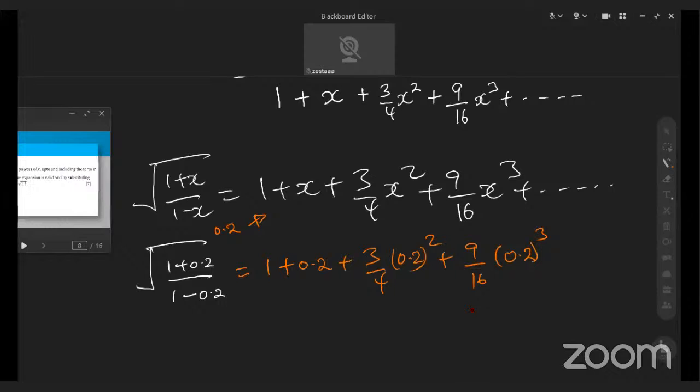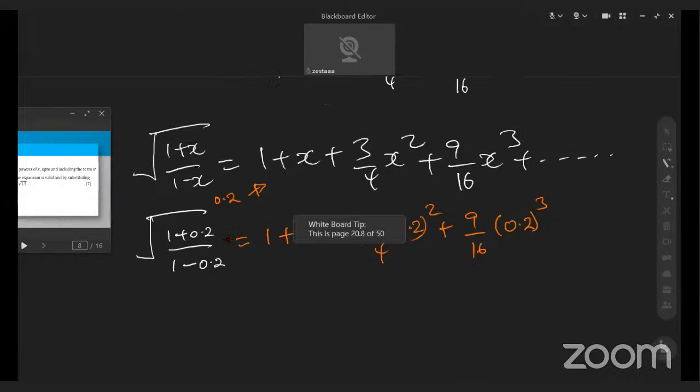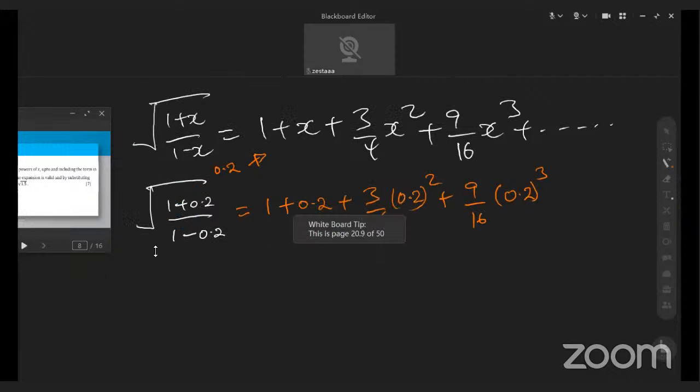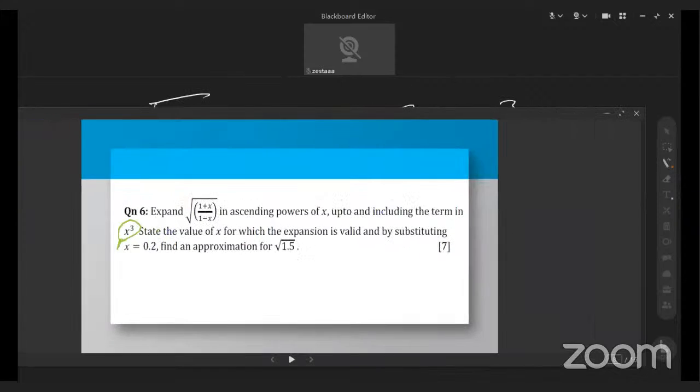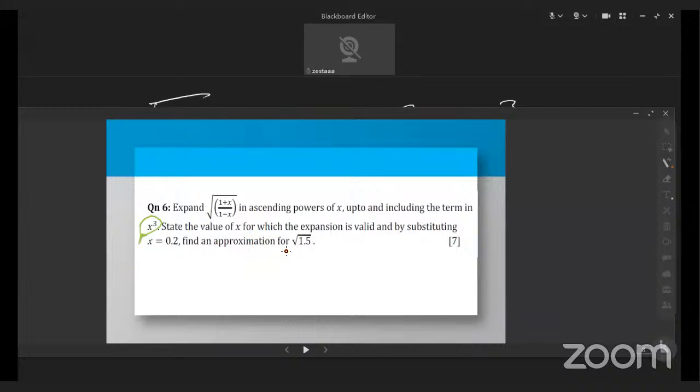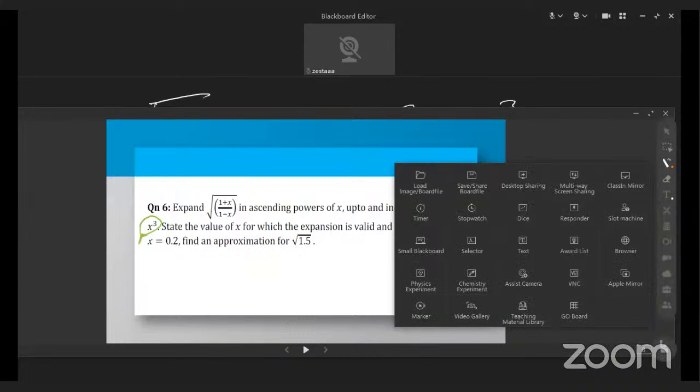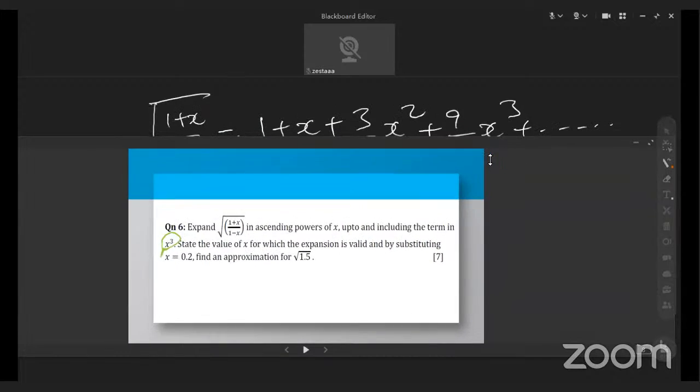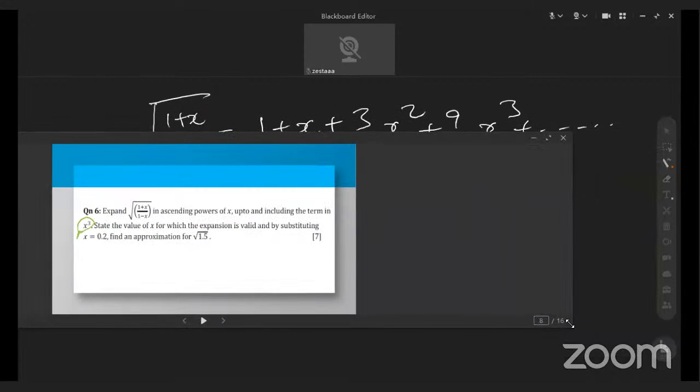So you realize that in the deduction, when you reduce this one here, that's why you see, find the approximation of the root of 1.5.